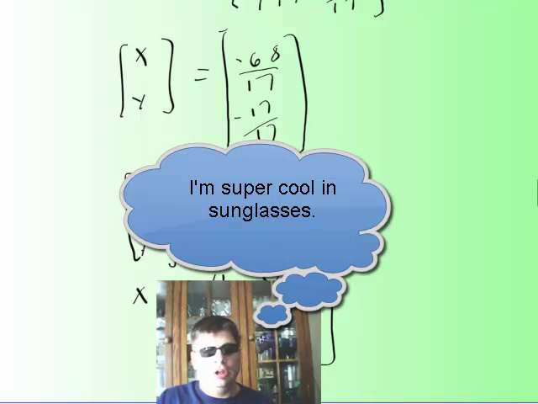So the nice thing about matrices is that, let's say this was a system in 3 variables. Well, solving it this way would actually be a lot easier than using substitution or elimination. And we could expand to 4 variables and 5 variables.